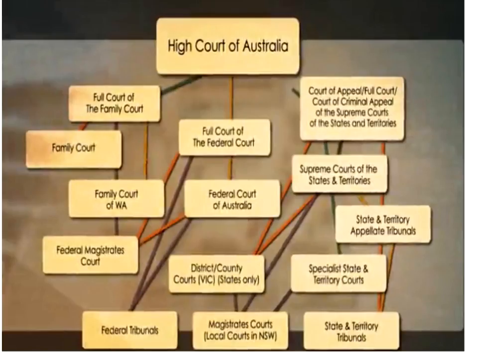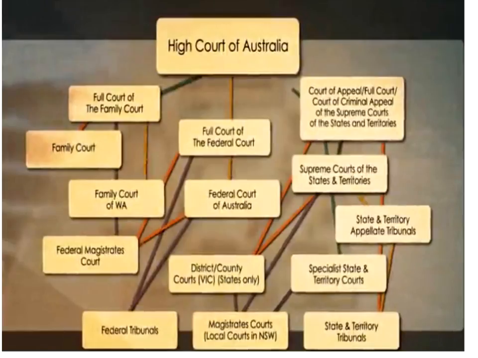If you come down the centre of the slide, you can see there's a Full Court of the Federal Court, which is an appellate court, and then you've got the Federal Court of Australia. Then if you come off on a tangent down towards the left-hand corner, you can see there's the Federal Magistrates Court, which has changed its name, as also explained just now.